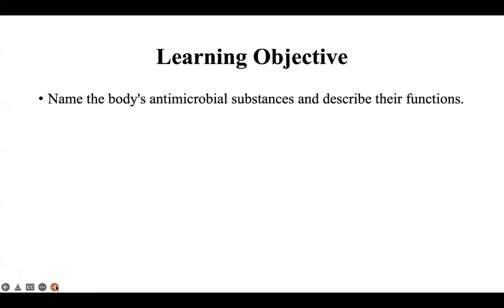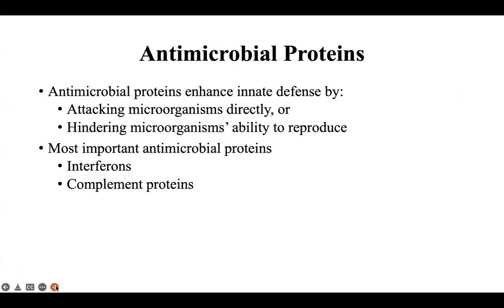So from here, we will talk about the antimicrobial substances and define their functions, right? So what are antimicrobial proteins? Antimicrobial proteins are proteins that can enhance the innate defense by attacking the microorganisms directly or by hindering their capability to reproduce.